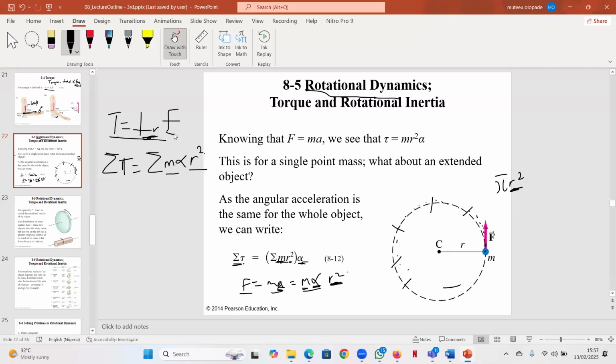Where force is mass times acceleration. Sir, why is the lambda or acceleration outside the bracket? I thought you said it was changing. Why are we not doing summation of it? Yes, it is changing, because that is what eventually will determine the torque from one side to the other.